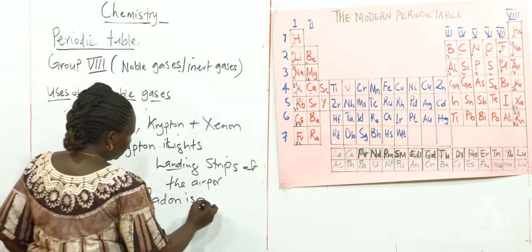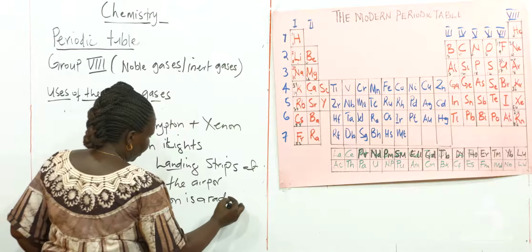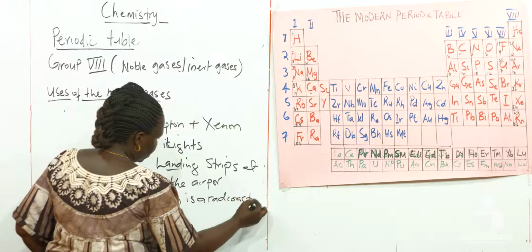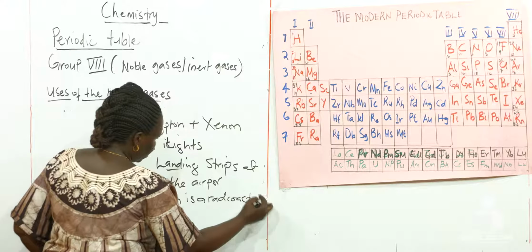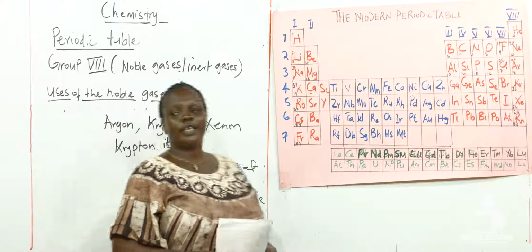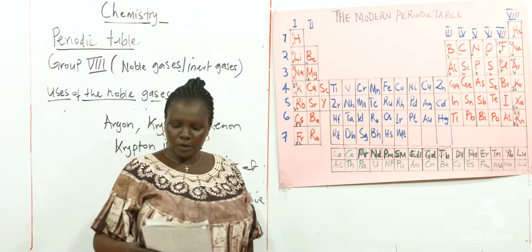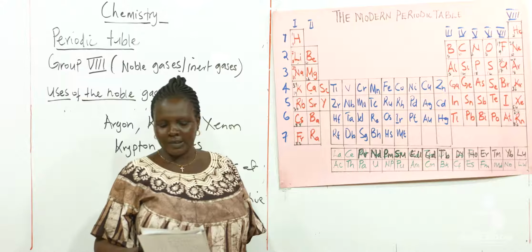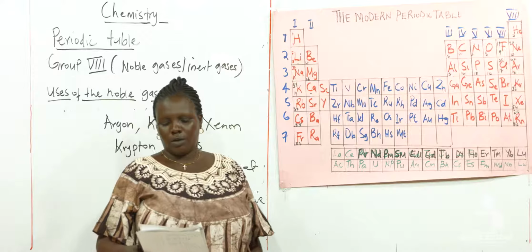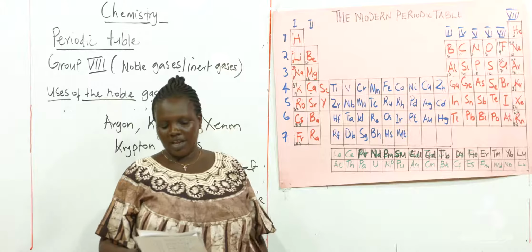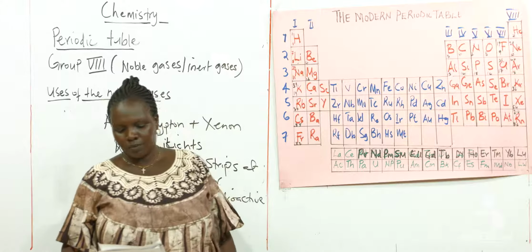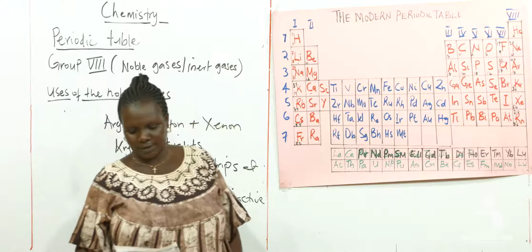Radon is a radioactive gas, and we know that all the radioactive elements are dangerous to our bodies. Their exposure to the human body or any living organism is a hazard.